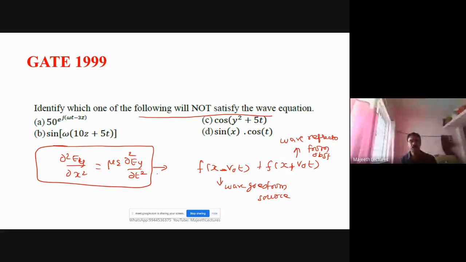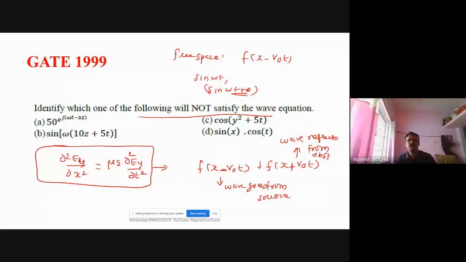Now in free space there is no obstacle. So in free space the solution is only in the form of x minus v naught t. That's why we are writing sin omega t plus theta in signals and systems. Because of this solution only we are writing like this.